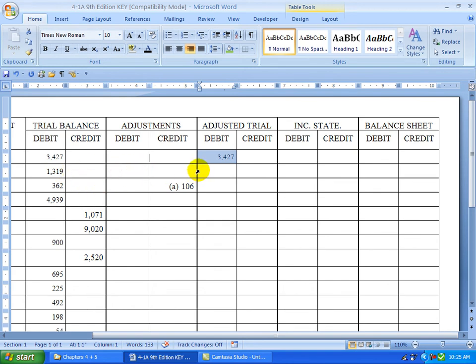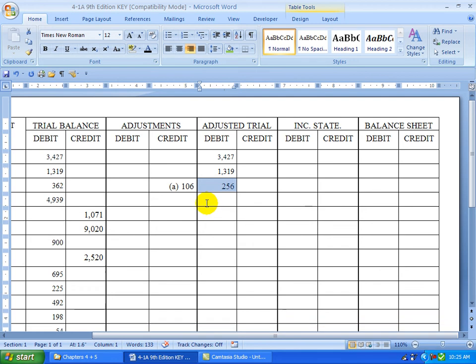There's no adjustment, so we just transfer it over. Prepaid insurance has been adjusted. We started off with 362. We've now gone to 106. So if you subtract the credit from the debit, you still have a debit balance, but now the balance is $256. That's how much we have left.